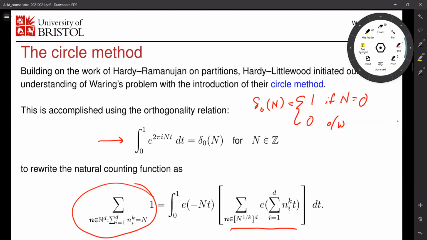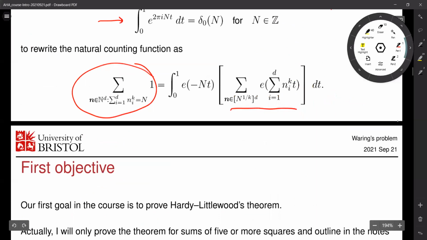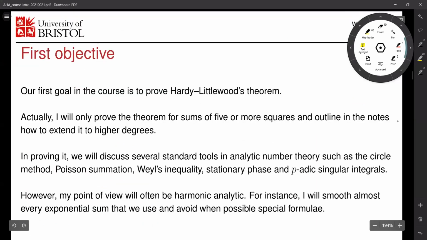Okay. And that right there is the catalyst for what Hardy and Ramanujan do. Okay. And you can already see that you're bringing Fourier analysis into play, right? As soon as you write something as an oscillatory integral and you decide you're going to study the object from that point of view, you've really made a Fourier analytic choice. Okay. Now we're not going to study this directly at the moment, but we'll get on to what it is we want to do.